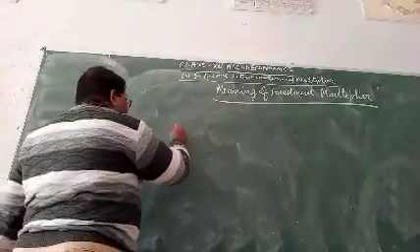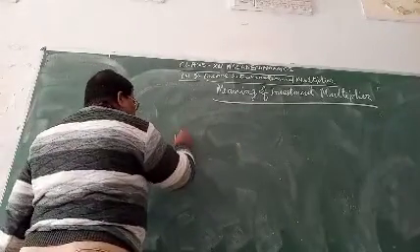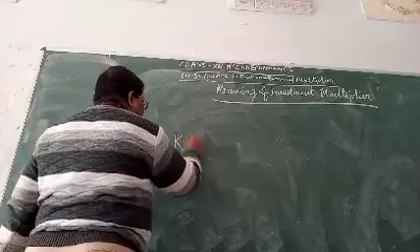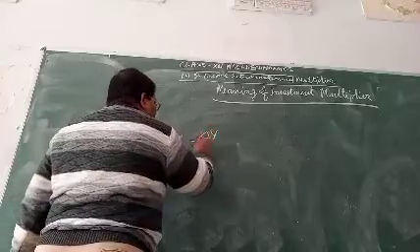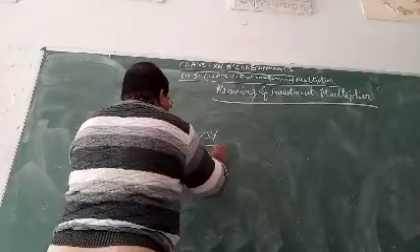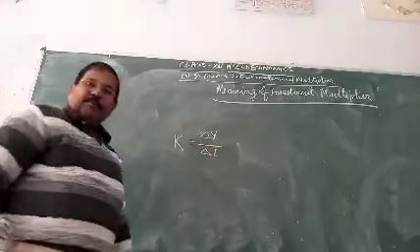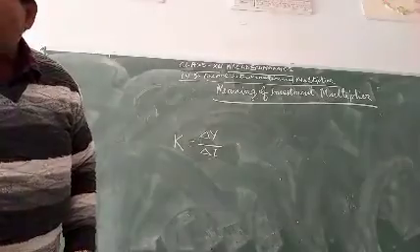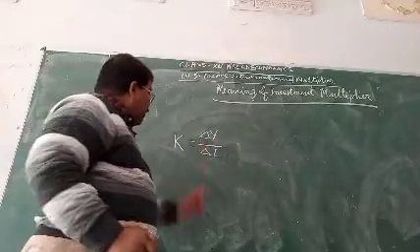We can write K equal to delta Y by delta I, that is the change in income.